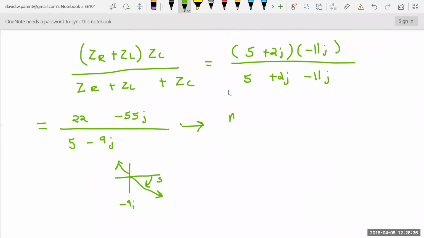So we need to put that into magnitude and phase.